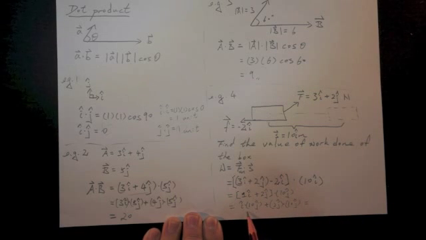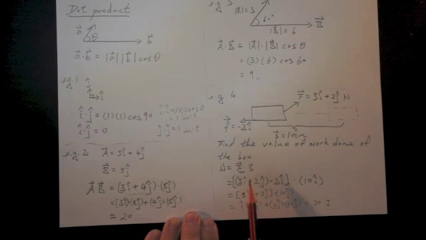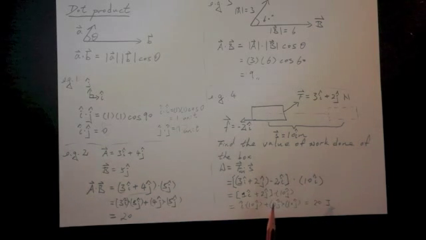Therefore, here we get 10 and here we get 0. Therefore, we get the dot product of the net force F and displacement S as a scalar, 20 joule. That's all for this video.